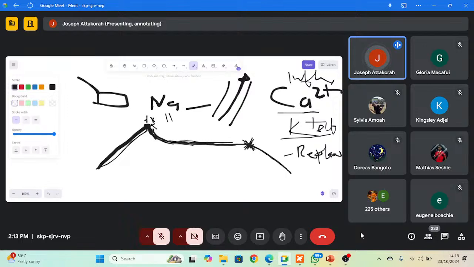So to cover all these areas, I want you to learn your diabetes. You should learn type 1, type 2, complications of diabetes. Learn hypoglycemia. Learn DKA.